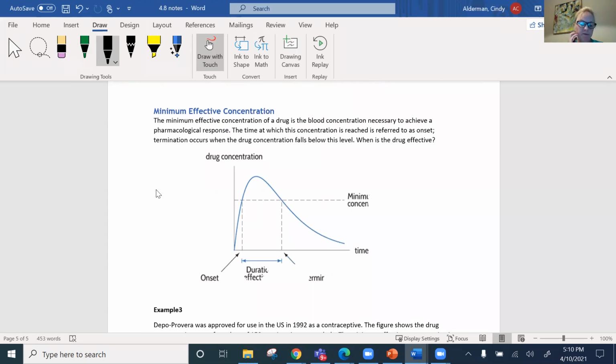Okay, so minimum effective concentration. It says the minimum effective concentration of a drug is the blood concentration necessary to achieve a pharmacological response. The time at which the concentration is reached is referred to as onset, which is right here.